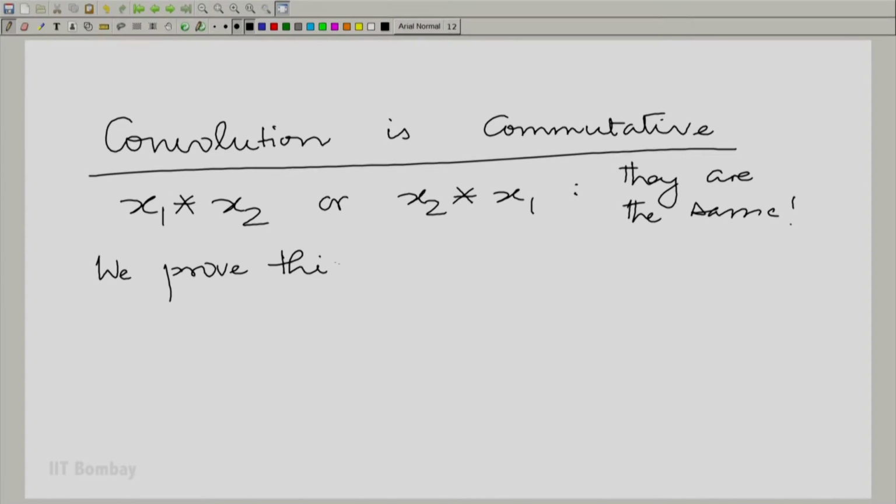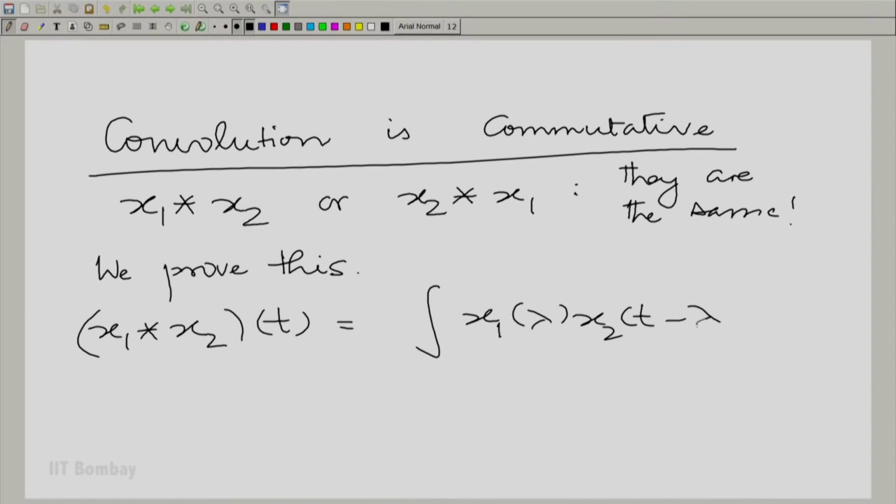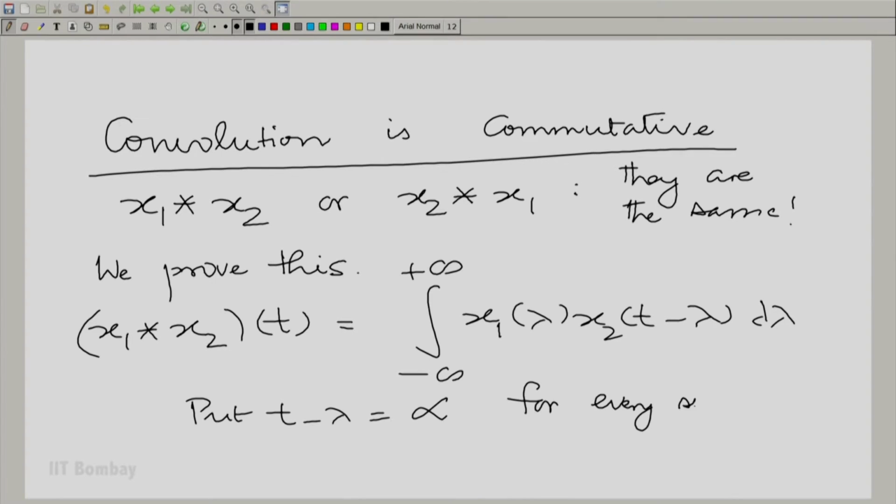We prove this. Indeed, x1 convolved with x2 evaluated at t is the integral of x1(lambda) x2(t minus lambda) d lambda integrated over all, minus to plus infinity. Put t minus lambda as another variable alpha for every specific t. Now, notice that when you do this, let us identify what happens to the limits.